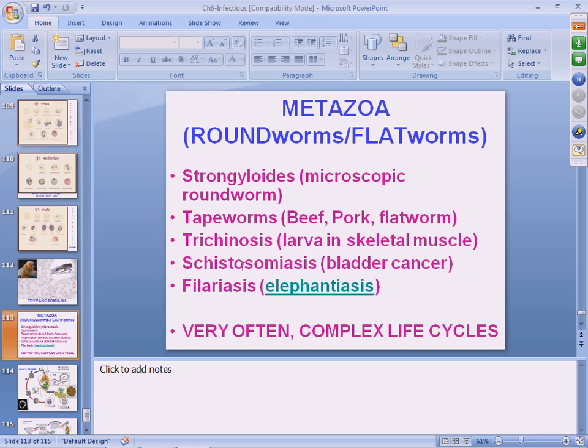The worm causing schistosomiasis, especially in the Mideast and especially in Egypt, is very likely to be involved with bladder cancer as well. So when we get to the chapter on the lower urinary tract, you're going to walk away thinking that just about every epithelial cancer of the bladder is transitional cell, because those are the cells that line the bladder in your lower urinary tract.